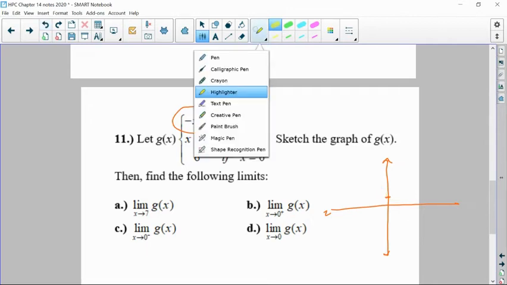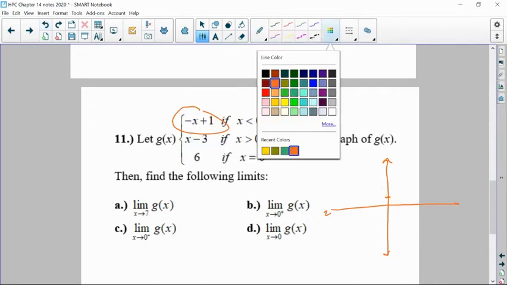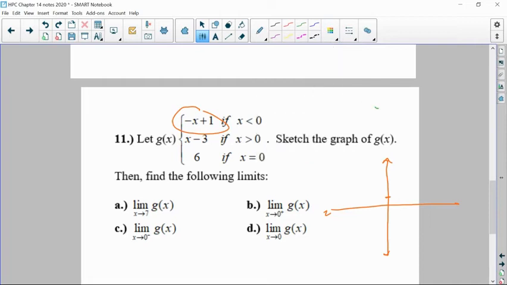So we're just wanting that part right there. So I'll go to the pen. Maybe I'll pick a different color. Green sounds great. And so here, going off in this direction. Now, this point is 0, 1. It's an open dot, but sometimes open dots are okay for limits. Okay, now x minus 3 if x is greater than 0. So I'm going to go to the intercept of negative 3.